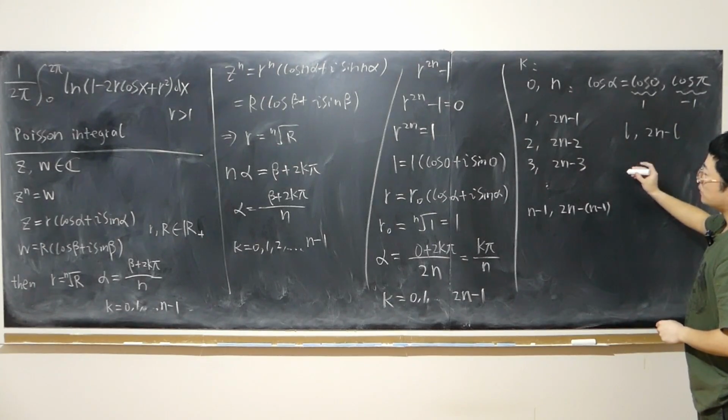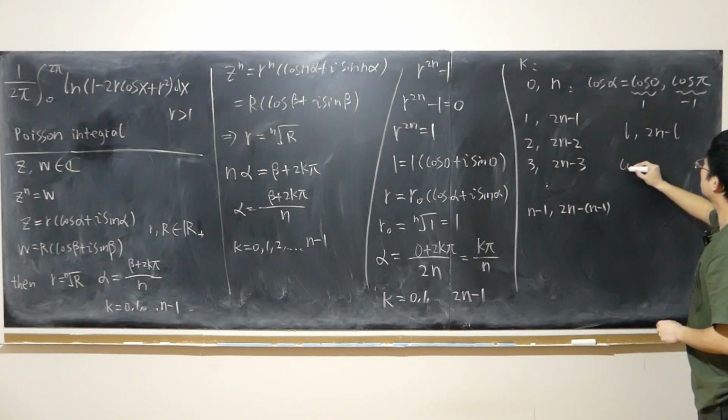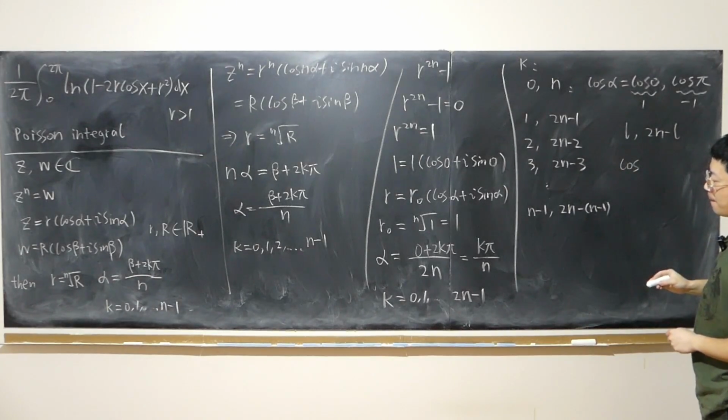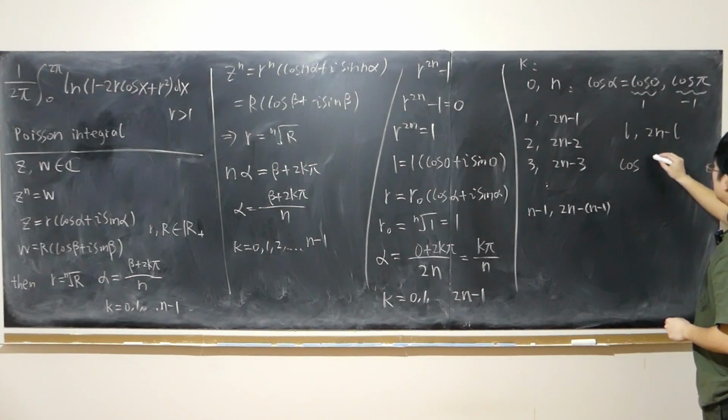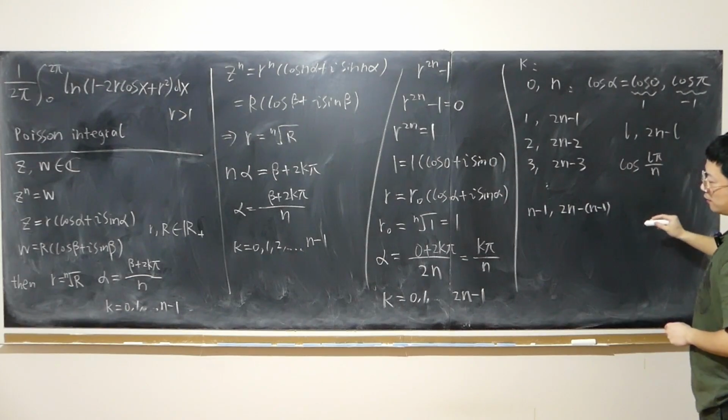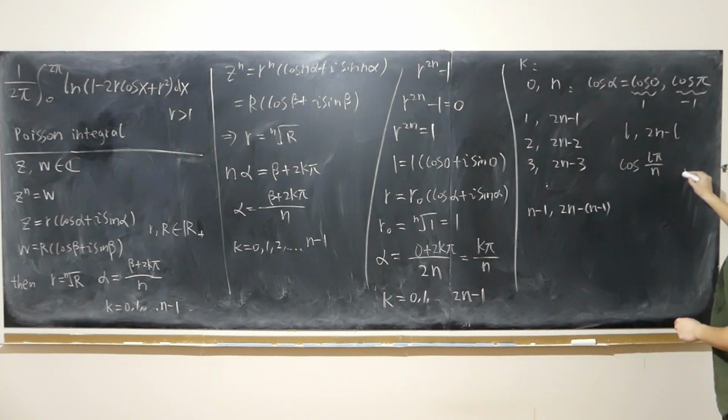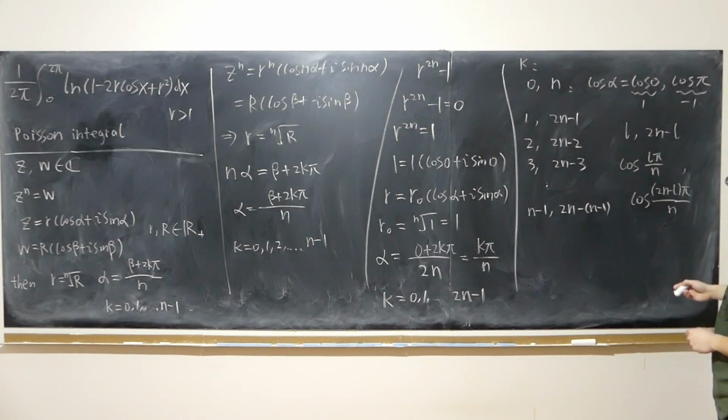So I say cosine L pi over n. I also want to look at cosine of 2n minus L times k times pi over n. Are they equal or do they happen to be opposite?